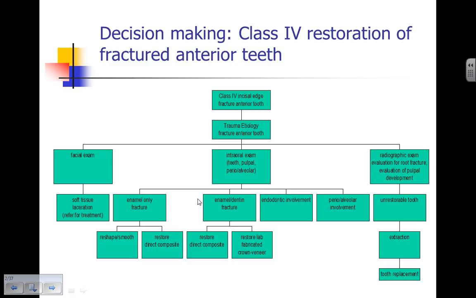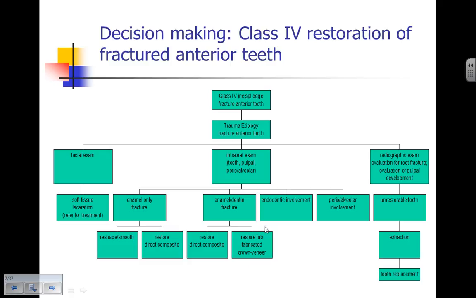There are times that the fracture is within the dentin and the enamel. When that happens, we're going to go in and restore with a direct composite resin, or we may make the decision that the fracture is so extensive that to restore, we may need some type of veneer or porcelain fused to metal or all ceramic crown.